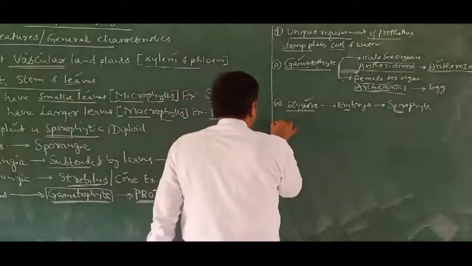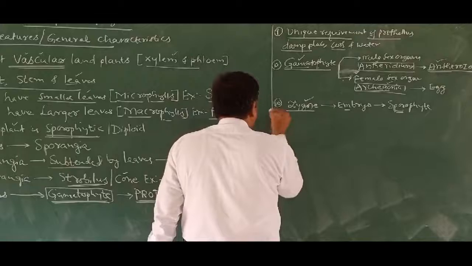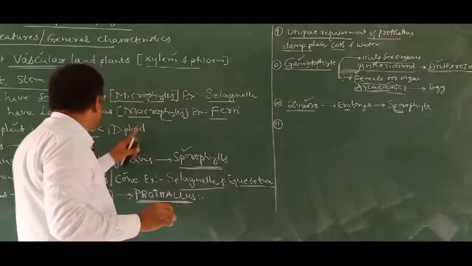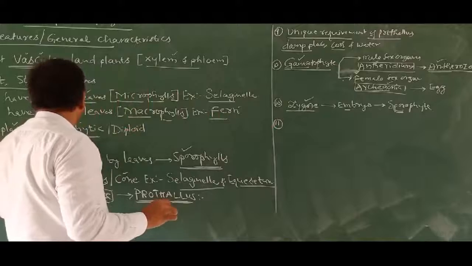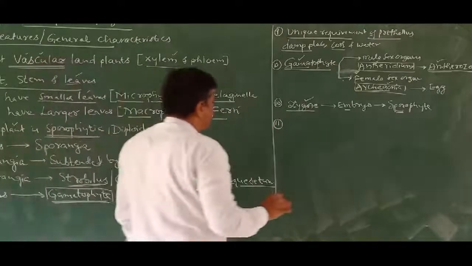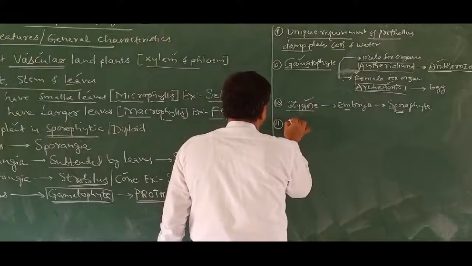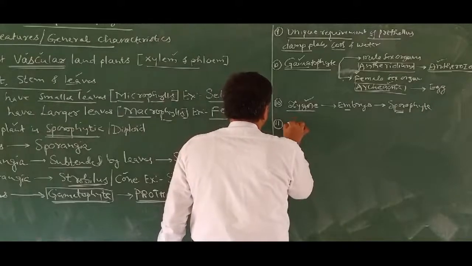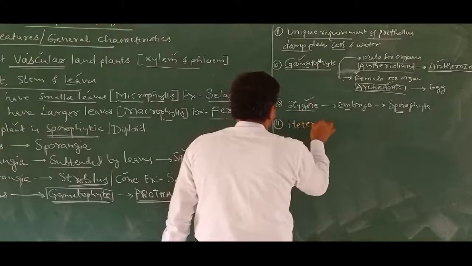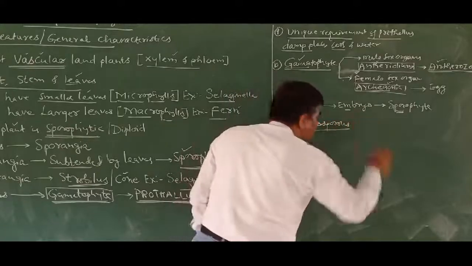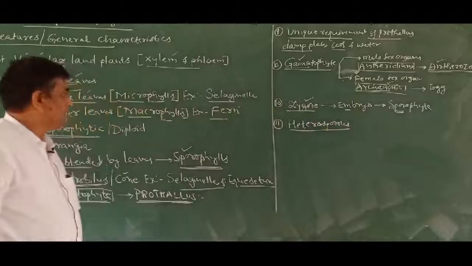One more very important aspect you have to understand regarding these pteridophytes. I have already told you these are all homosporous, because they produce one kind of similar spores. But there are pteridophytes which produce two different types of spores; they are also called heterosporous.